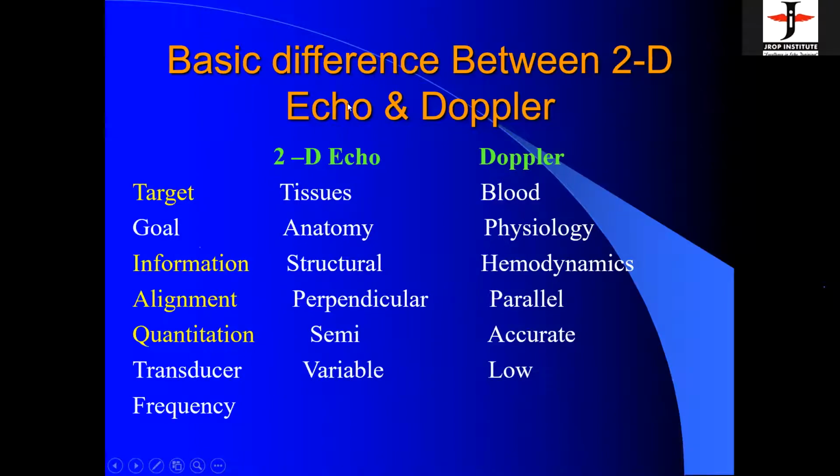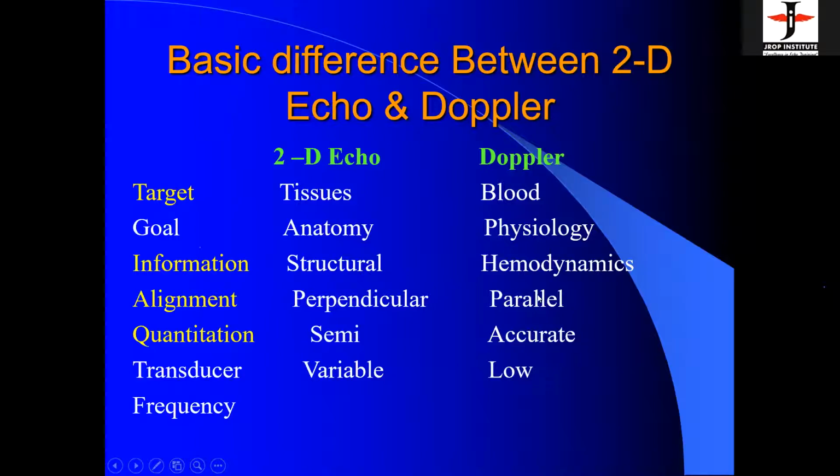So finally, up till what we have talked, the basic difference between a 2D and a Doppler echo is that the target in a 2D echo is tissue, you are seeing the ventricular septum, the mitral wall, aortic wall, posterior wall, all this. But in a Doppler, you are examining the blood also. So here you are getting structural information, whether the patient has got LV hypertrophy, whether the patient has got LV dilatation and whatnot.